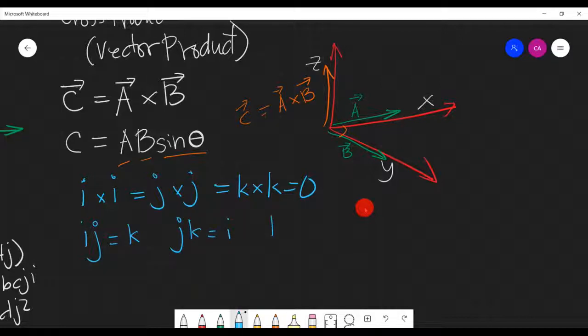And k, i is equal to j. Ngayon, pag pinagbaliktad natin yan, j i is equal to negative k, and k j is equal to negative i, and i k is equal to negative j.